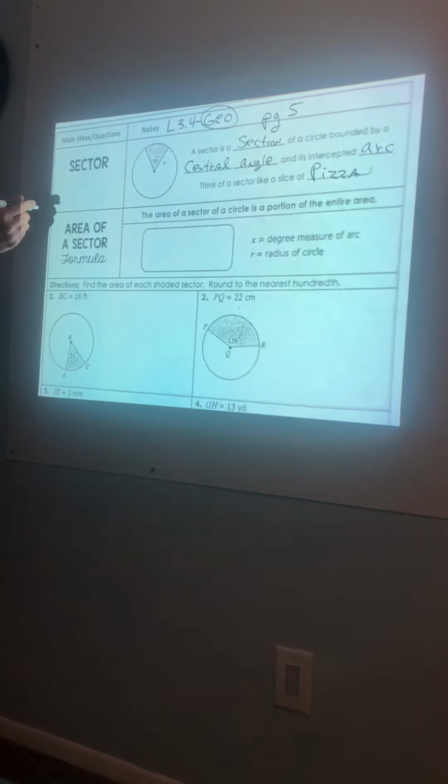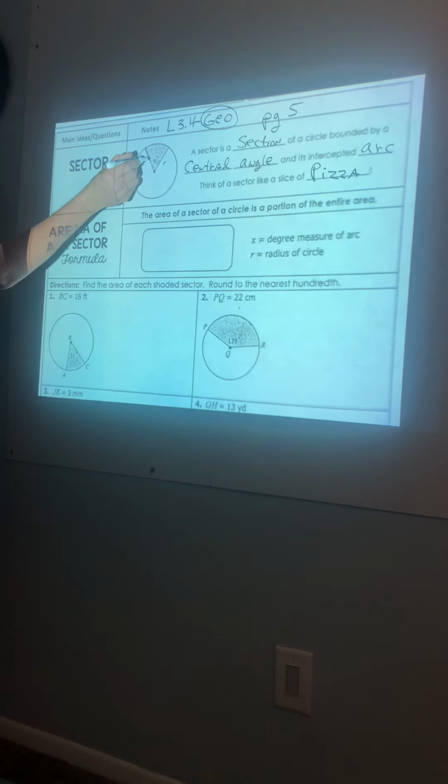So in English, we haven't done this in a while, this was before break, your central angle is the angle that hits the center of the circle. Right here is what they call a central angle. Remember, the degrees of this angle is the same as the degrees of the arc that it intercepts, or that pizza crust. Alright, so you know what a sector is.